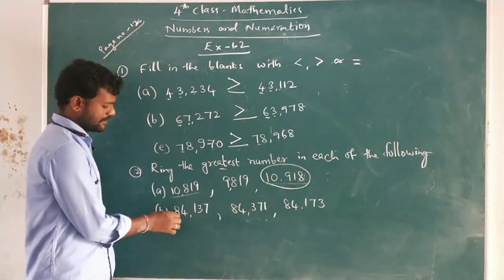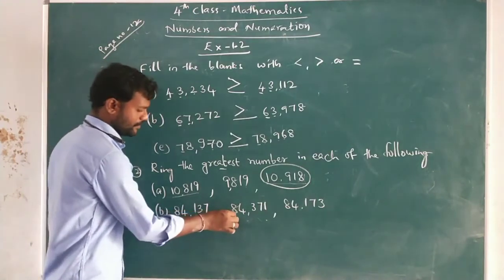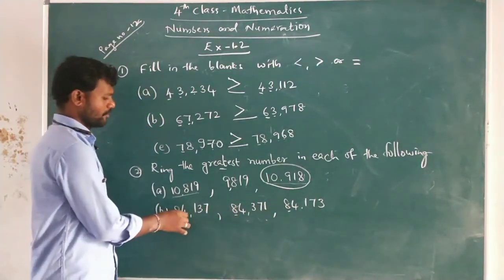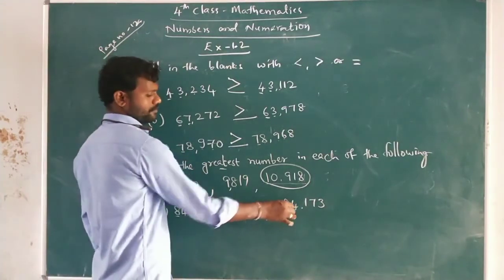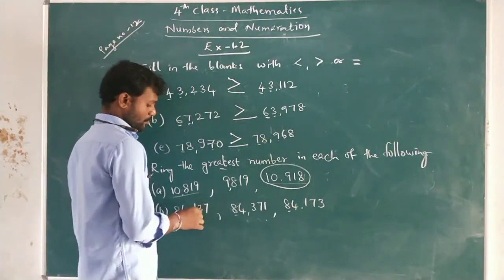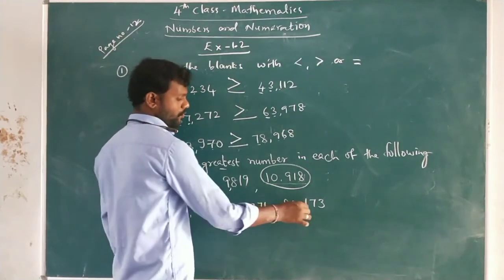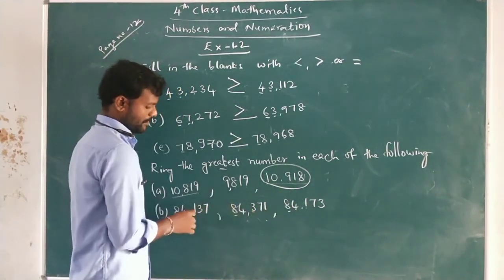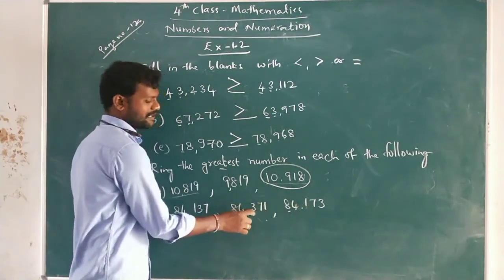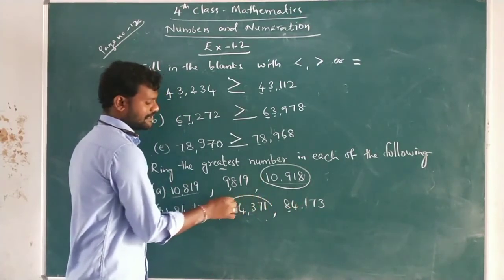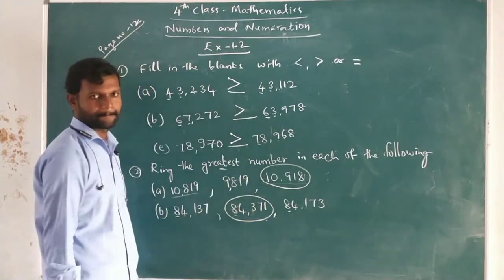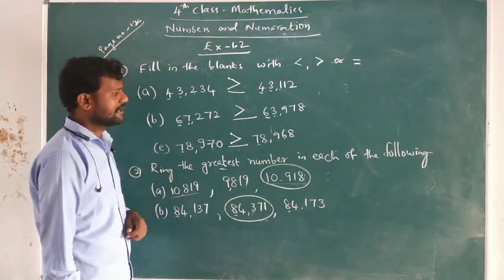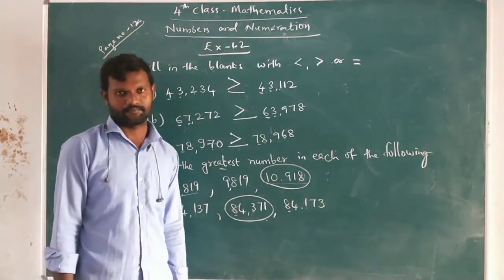Observe the first number: 8, and here also you have 8, and it is also 8. Same. 4, 4, 4. Same. 1, 3, 1. So which is greater in these three? 3 is greater. So this number is greater. Circle like this. Okay, so in this way we have to ring the greatest number.